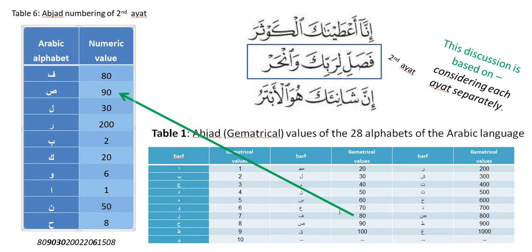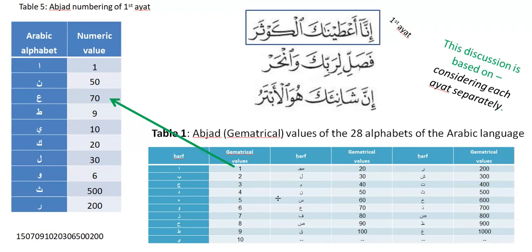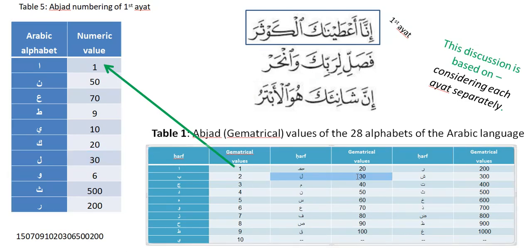So for Swad it will be 90, and for Alif it will be 1. Sorry, it is a mistake. The respective values are shown here. For example, for Lam it is 30. We see that for Lam it is also 30 in the table.